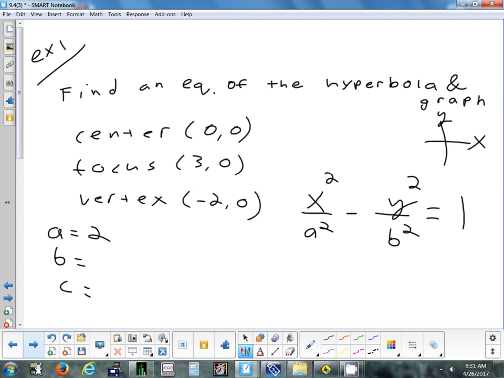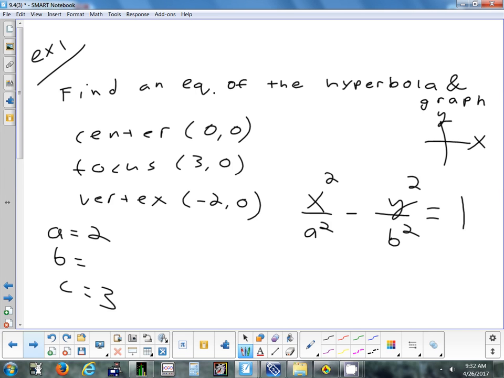A is 2. How do I get C? It's going to be the center to the focus. Center to the focus. Yep. Which is how much? 3.